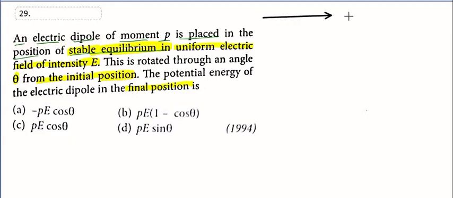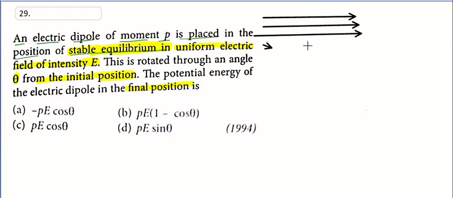This is the electric field. So in this electric field, you have to take the dipole. Look at the stable dipole. Stable means what? It is a minus q charge, and this is a plus q charge. So the electric field starts from positive and terminates at negative.